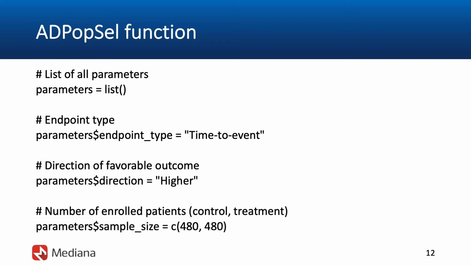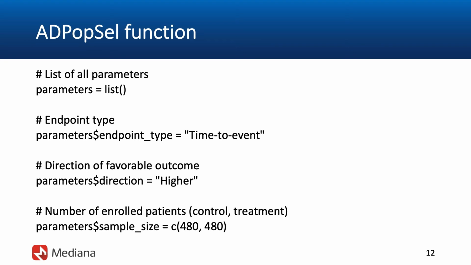The experimental therapy is expected to prolong survival as well as time to disease progression, and therefore the direction of favorable effect here would be higher. Larger values of PFS times would correspond to a beneficial effect.